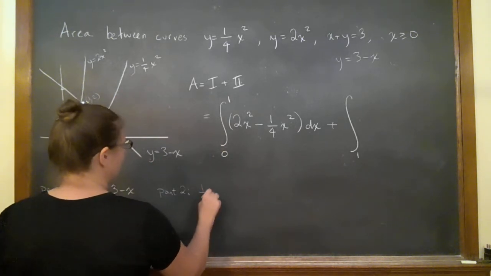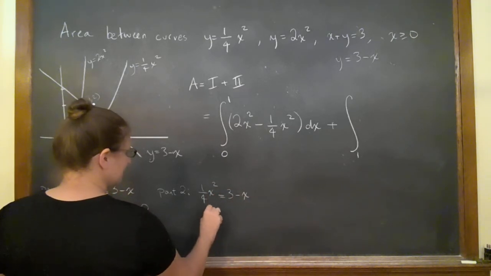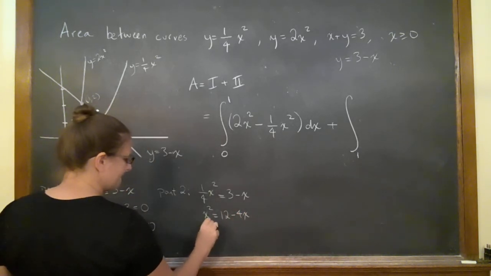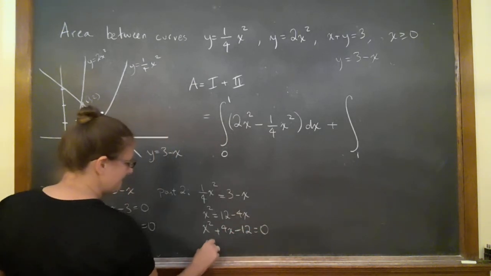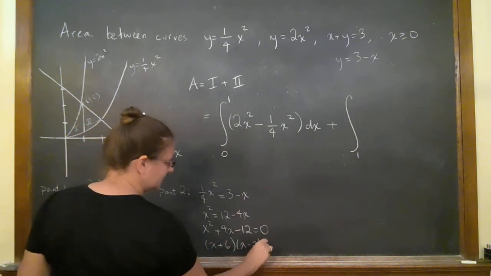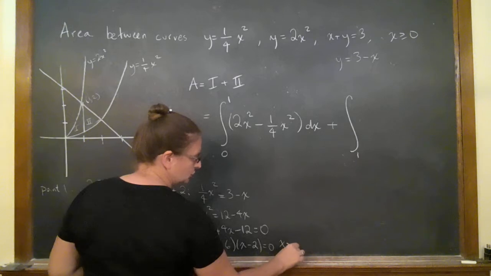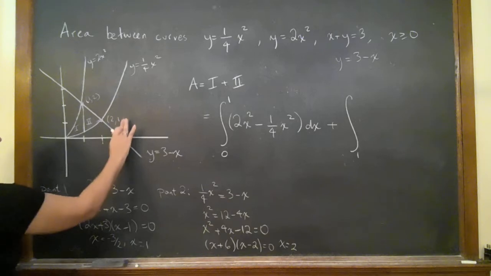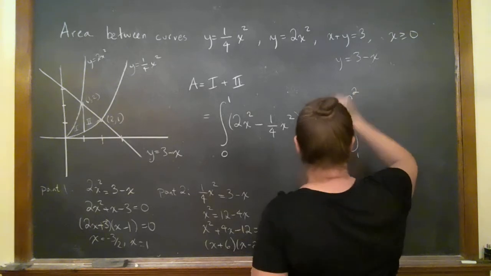So I've got 1/4 x squared equals 3 minus x. x squared equals 12 minus 4x. So 6 and 2, right? Plus 6 and minus 2 when I factor. So yeah, there's a minus 6, but the one we want is in fact the x equals 2 part, right? That's going to give me this point. Okay, so x is going to go from 1 to 2.